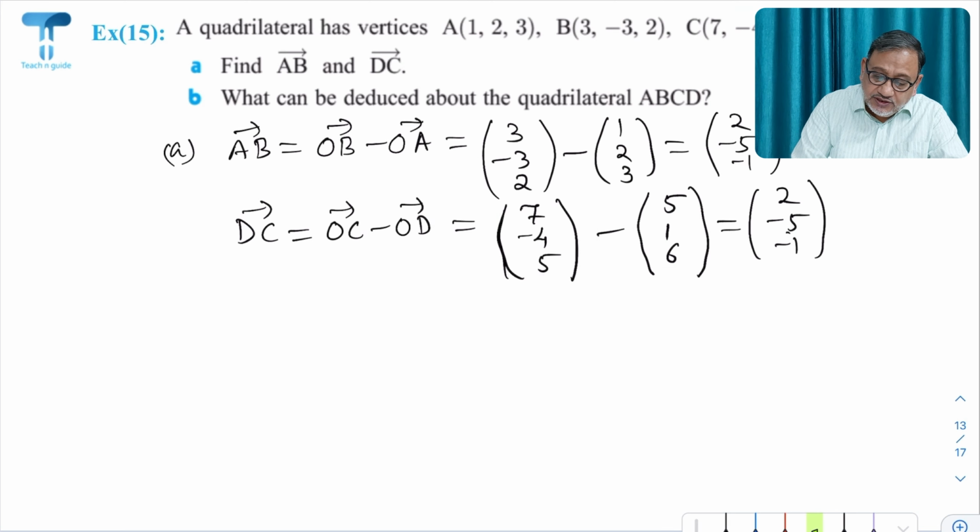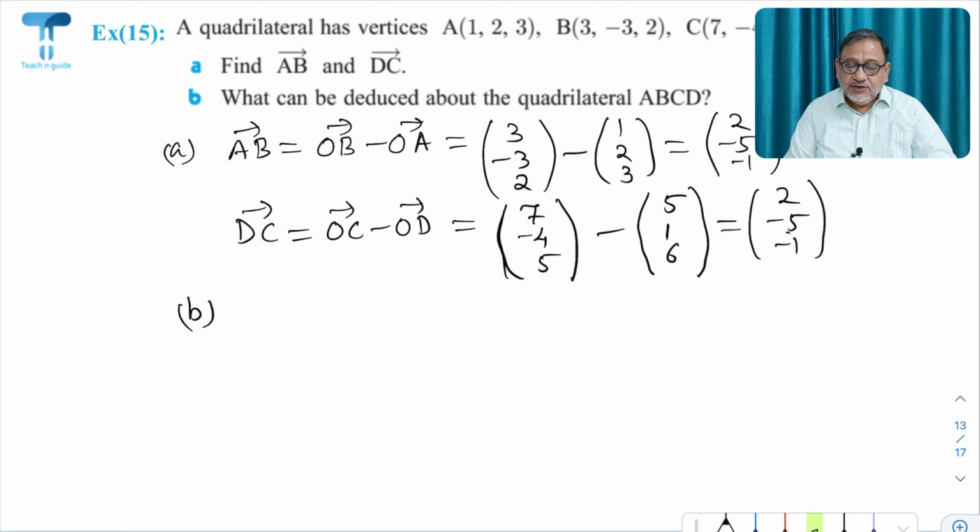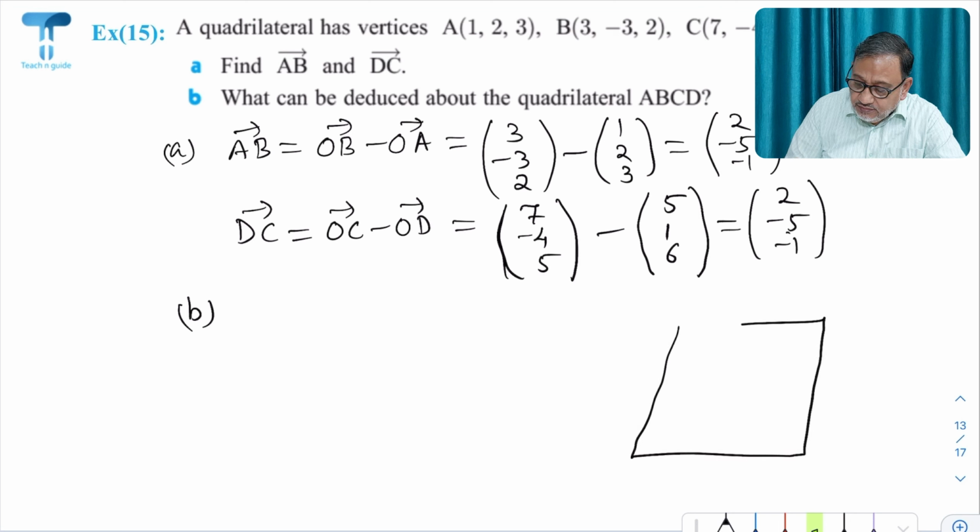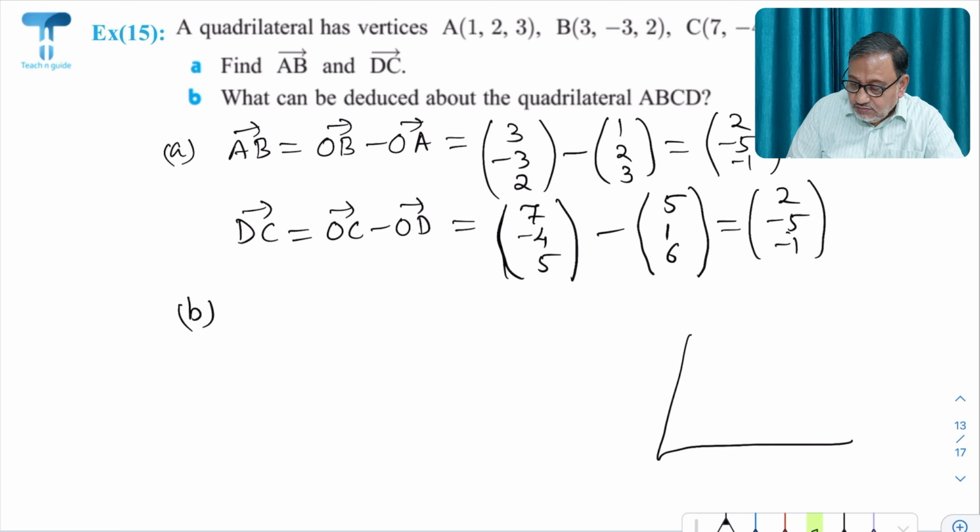Now B part says, what can be deduced about the quadrilateral ABCD? Look here, AB and DC. If you draw a quadrilateral, let me draw it. Oh, why is it not completing?